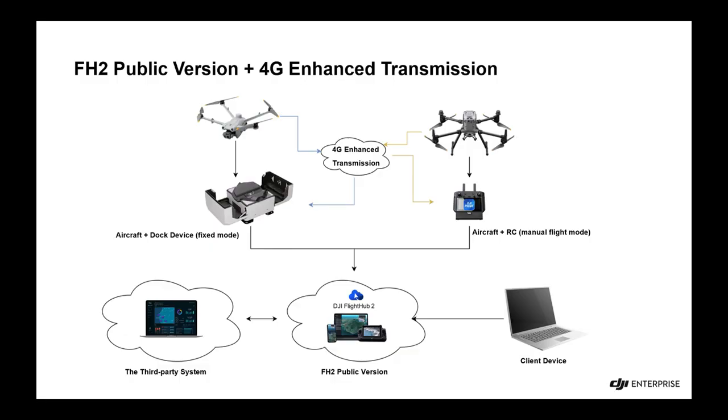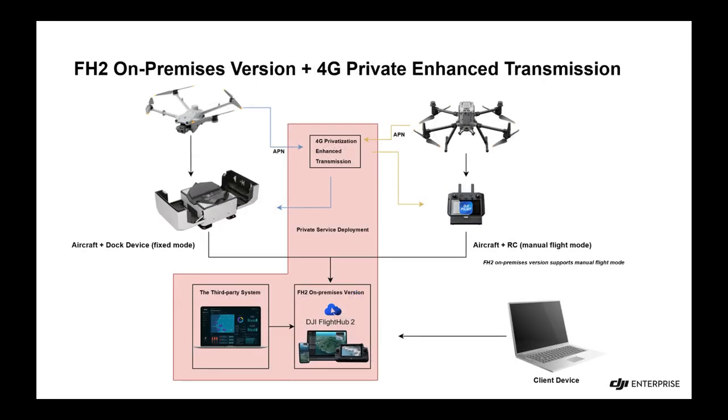manually flown drones. But in the on-premises version, we're essentially building this private service deployment, almost like a black box, or isolated box. All the devices are still transmitting the data to this private service deployment via the public network, but with APN configurations.